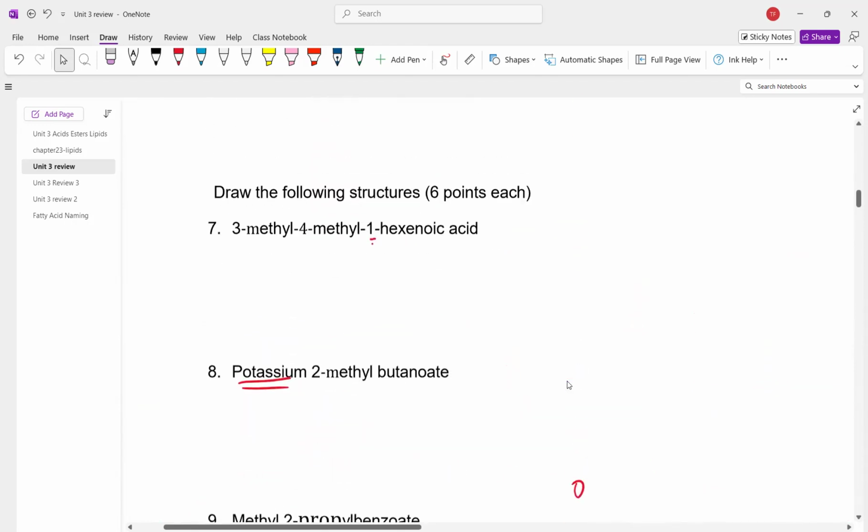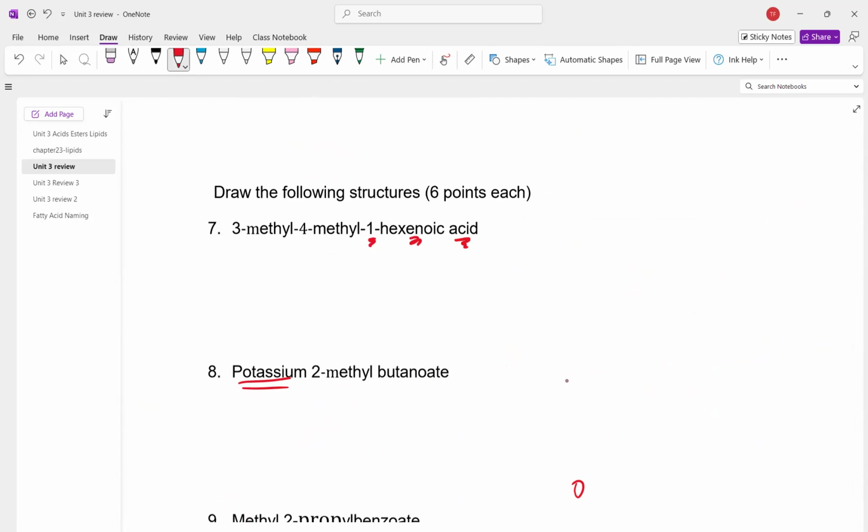Okay, so let's draw some of these. Okay, so we know it's an acid. It's an enoic acid, meaning it's got some double bonds in it. And in this case, it has 1 double bond. Now, you could also say 1 hexa monoenoic acid also.